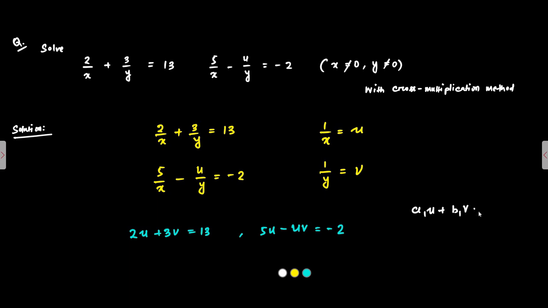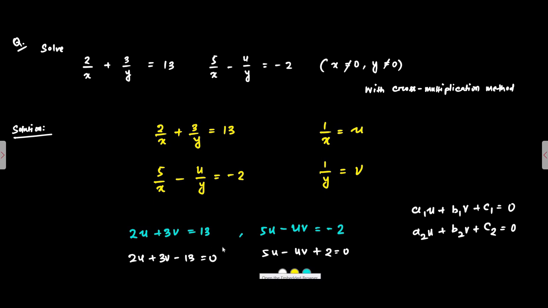So a1u + b1v + c1 = 0 and a2u + b2v + c2 = 0. Here it is 2u + 3v - 13 = 0, and here it is 5u - 4v + 2 = 0.